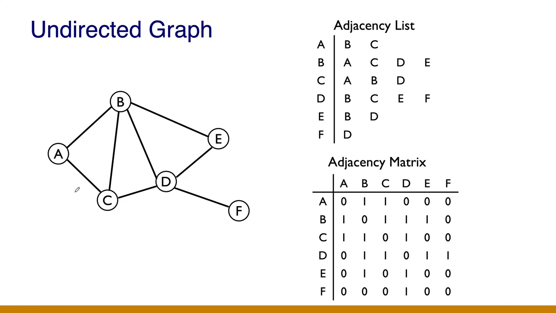Which basically means that if you have one edge connecting A and B, this relationship will be mutual, right? So an edge between A and B means that A can go to B and B can also go back to A. If you look at the adjacency list, now we see symmetry.